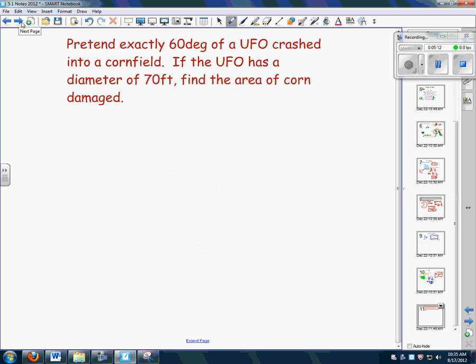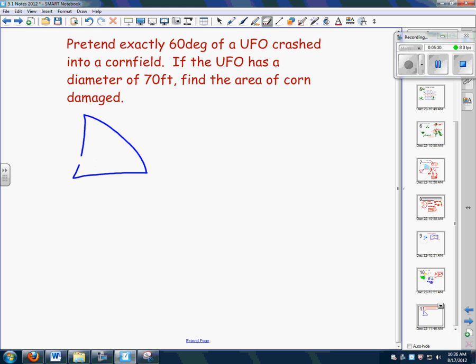Application of that, simple little problem like this. So let's say 60 degrees of a UFO crashed in a cornfield. It's got a diameter of 70 feet. Find the area of the corn damaged. Basically 60 degrees of a UFO here. It's going to damage some corn.